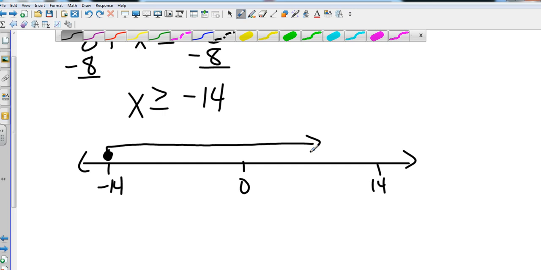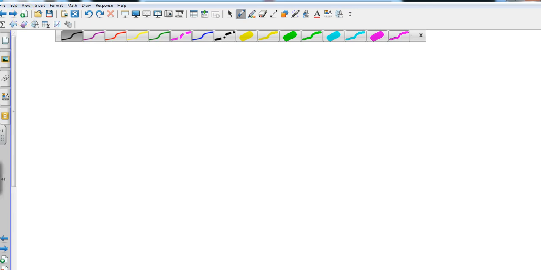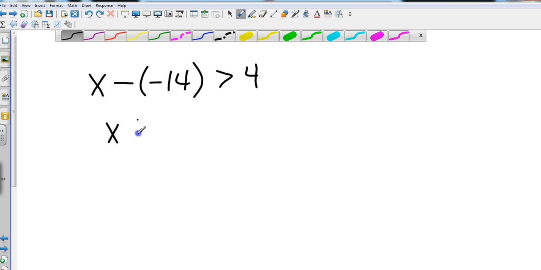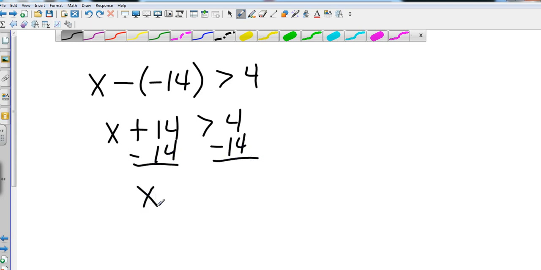There's a couple of modifications or some things that they might put in there. They might go with an example like this. And so the first thing I would suggest is to rewrite the double negative, to rewrite it as x plus 14 is greater than 4. Then I could subtract 14 from both sides, and that's going to give me x is greater than negative 10.